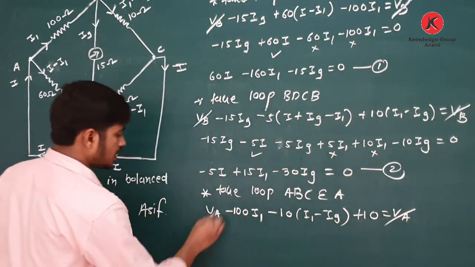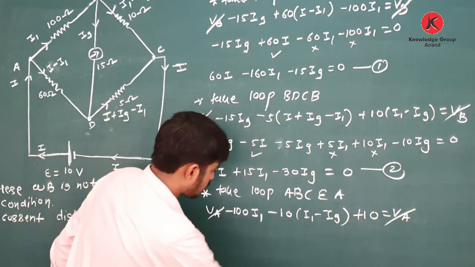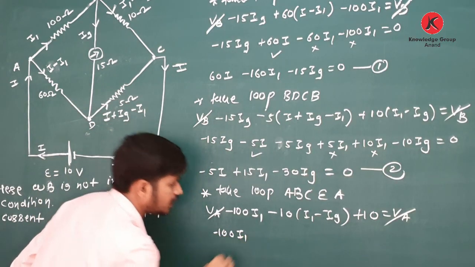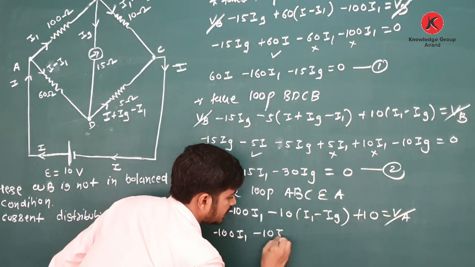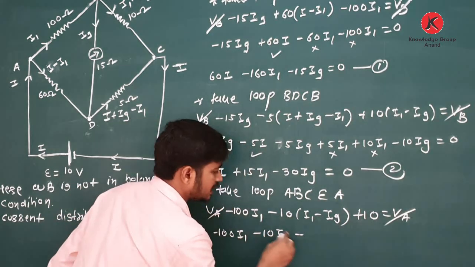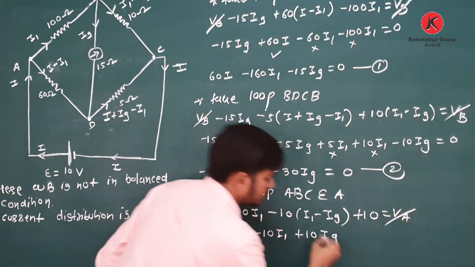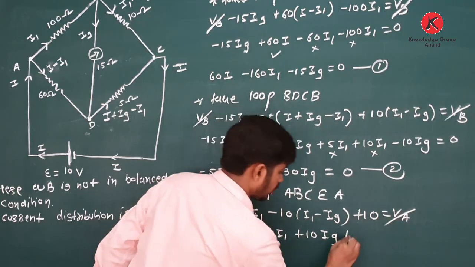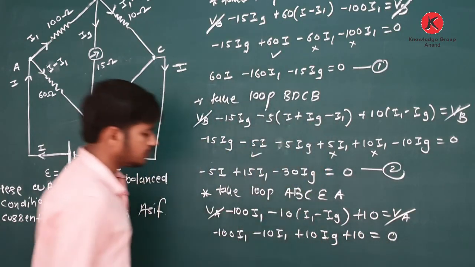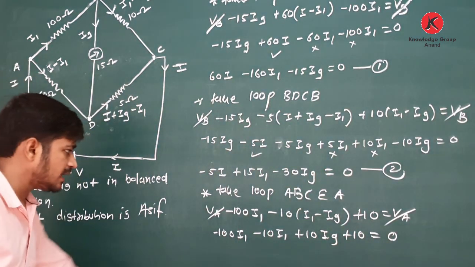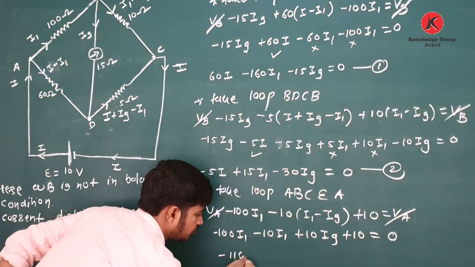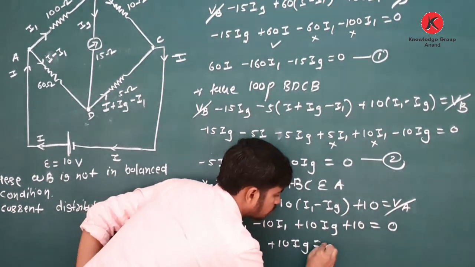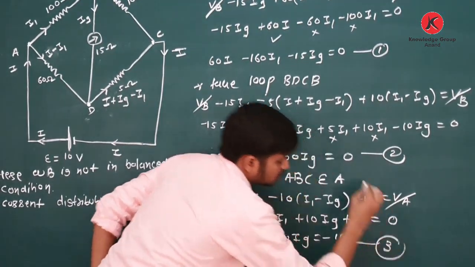Remaining terms: minus 100 I1 minus 10 I1 plus 10 Ig plus 10 is equal to 0. So terms having I1: minus 110 I1 plus 10 Ig is equal to minus 10. Equation number 3.